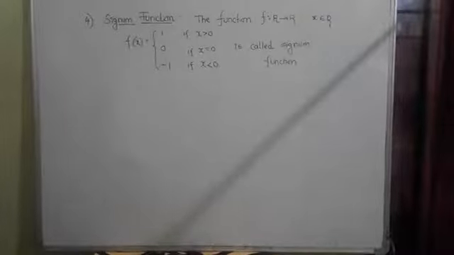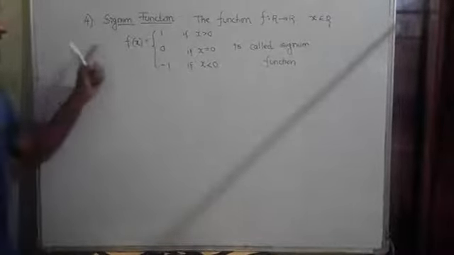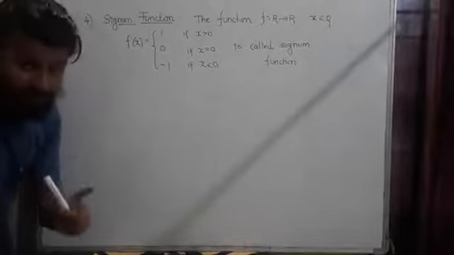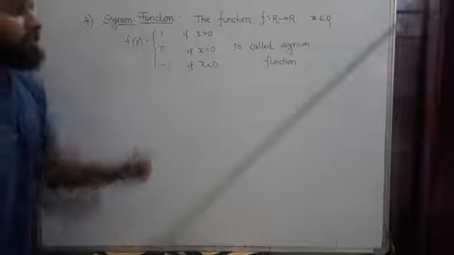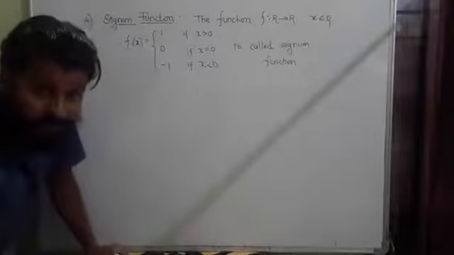Well, dear students, the next one is again very important, both for first year as well as for second year. This is the Signum function. What is that? Signum function.